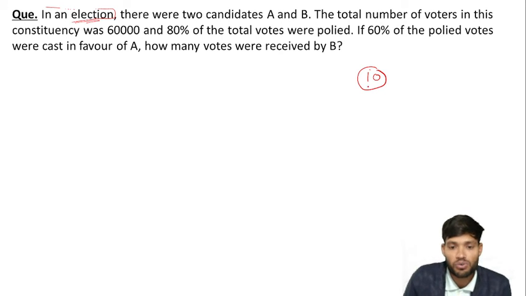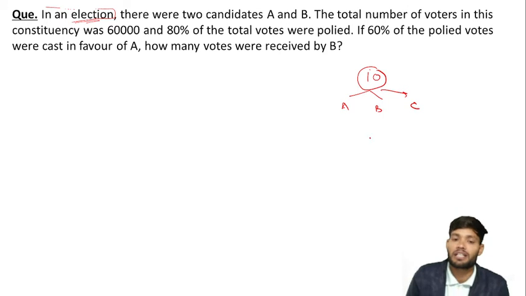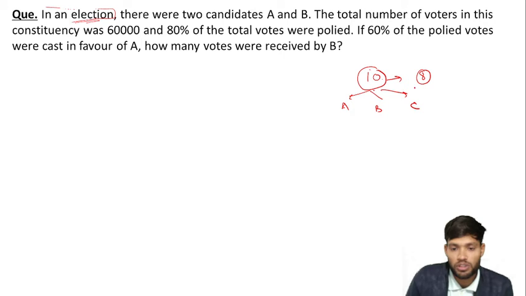Like if three candidates A, B and C participate, and 8 voters give their vote, the 8 votes will be distributed among A, B and C.